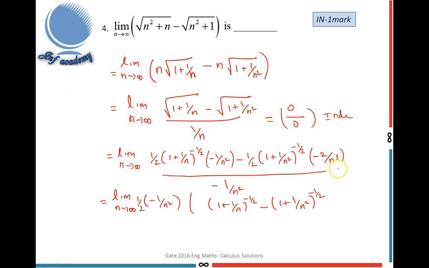Here 1 by n square is taken outside. So finally I get 2 by n divided by minus 1 by n square.